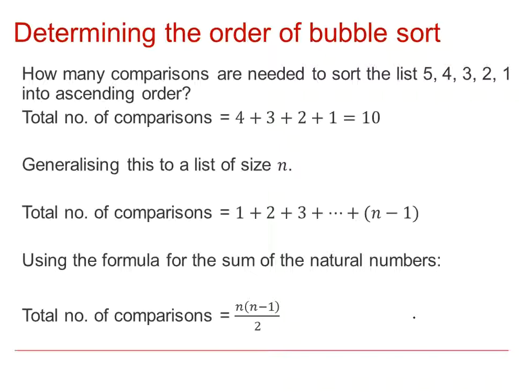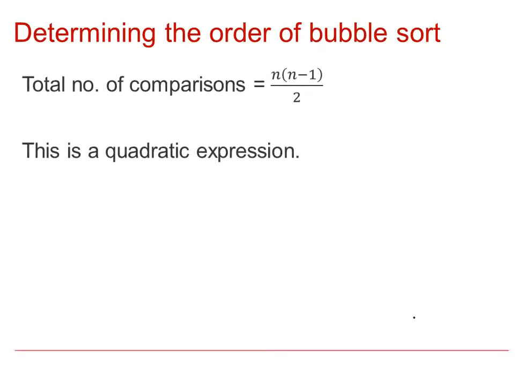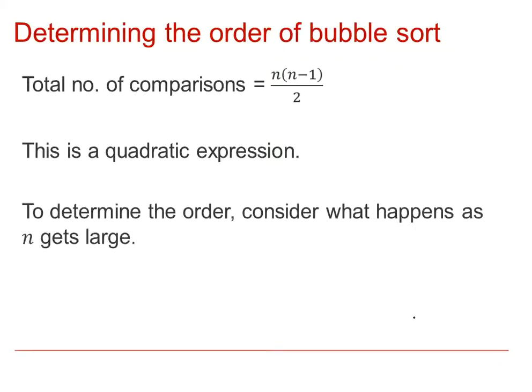So you can see the idea nice and clearly there. So the total number of comparisons we've seen is n times n minus 1 over 2. This is said to be of quadratic complexity.